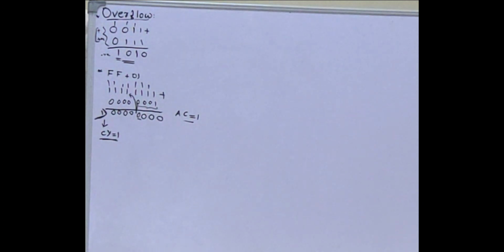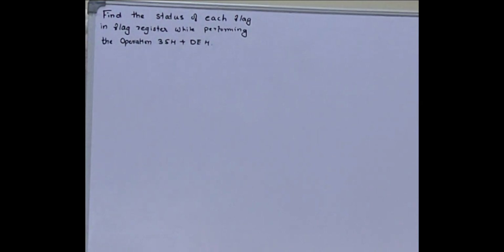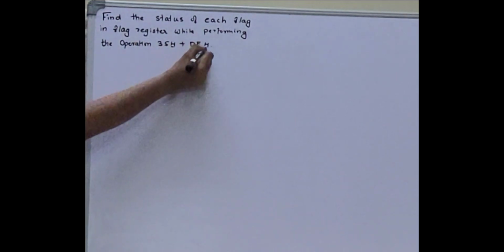Okay, the question is to find the status of each flag in the flag register while performing the operation 35H plus DEH. H means hexadecimal number.